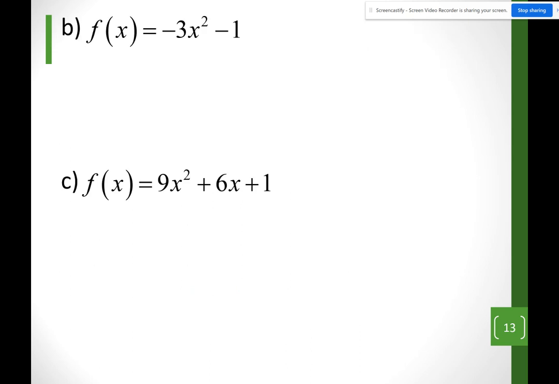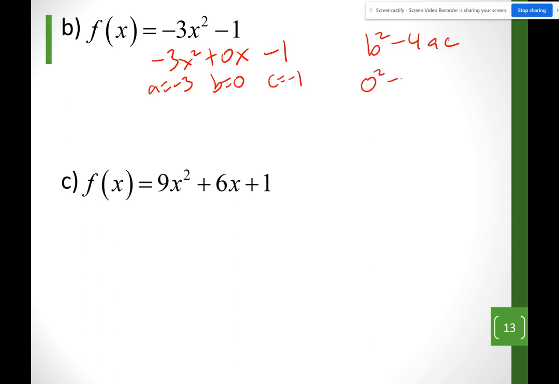Let's take a look at a couple more examples. You guys might be like, well, I don't have an x. I just have an x squared and then a negative 1. I don't see a term with an x. Let me rewrite this as negative 3x squared plus 0x minus 1. I need to have all 3 terms. So my a is negative 3, my b is 0, and my c is negative 1. Remember, I'm looking at b squared minus 4ac.